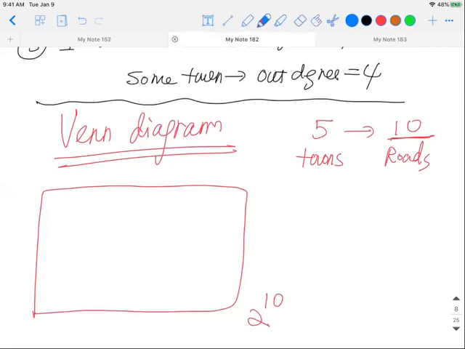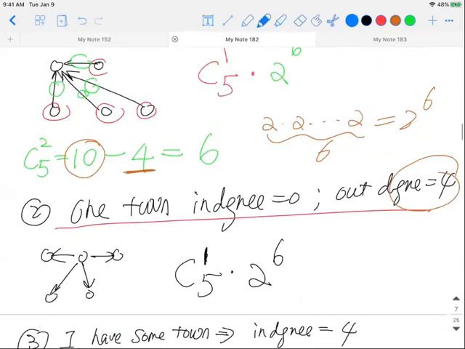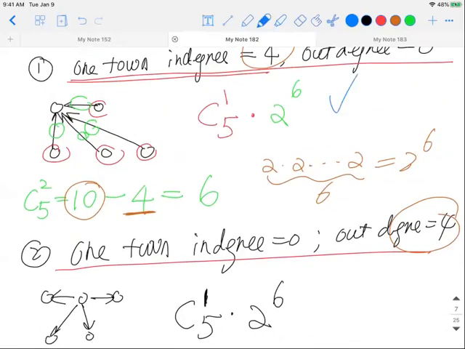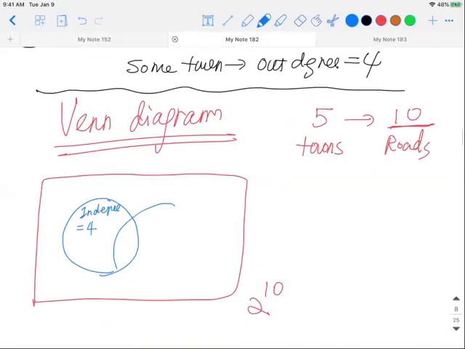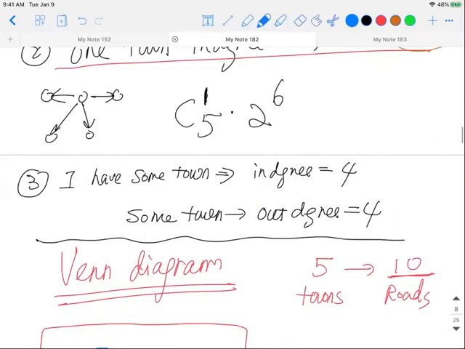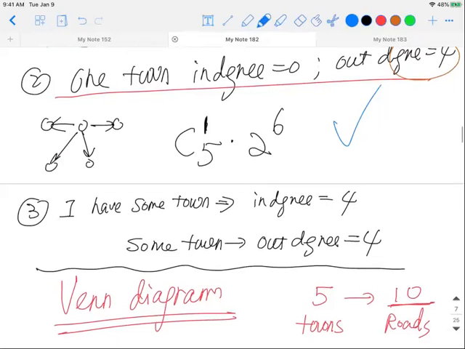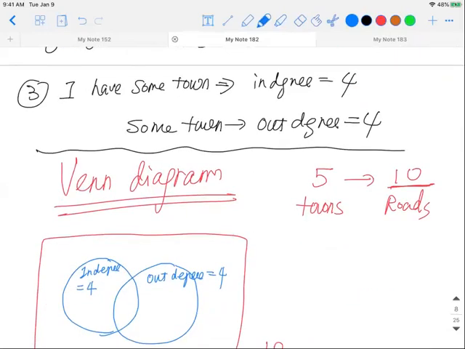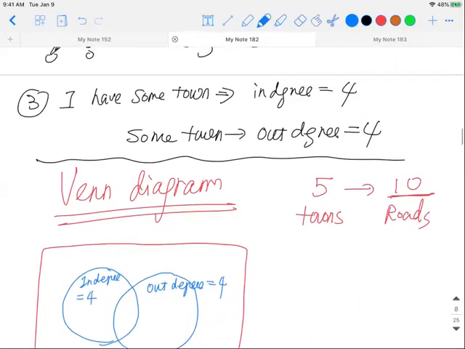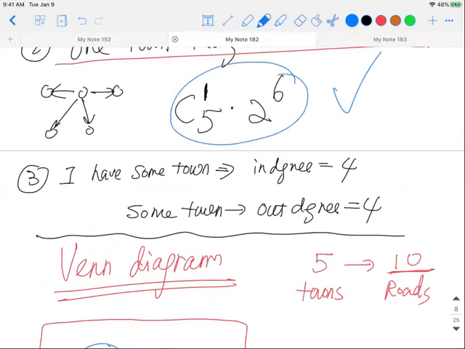And in these scenarios I just mentioned, there are some scenarios, let's say the in degree equals to 4. This is our number 1, right? And I also have some scenarios, their out degree equals to 4. This is our second scenario. And the size of these two subsets are actually the same. C(5,1) times 2 to the power of 6.